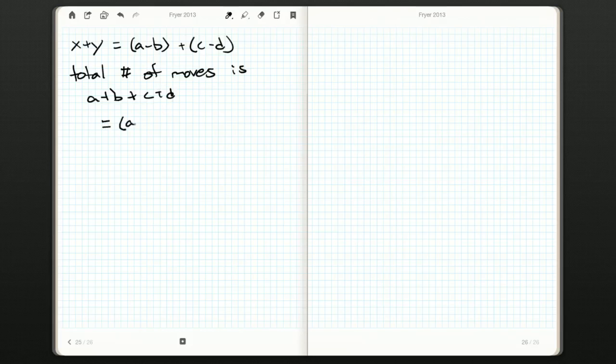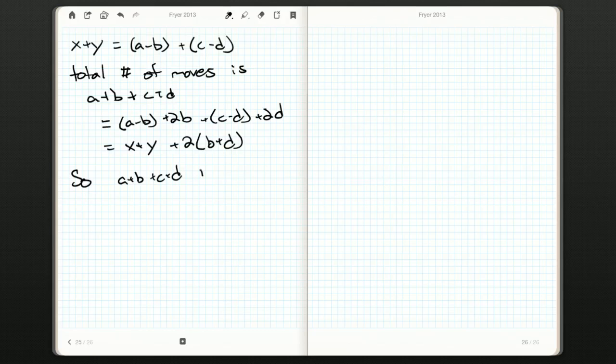But that's just a minus b plus 2b plus c minus d plus 2d, which is x plus y plus some even number. And if you differ by an even number, then either you're both odd or you're both even.